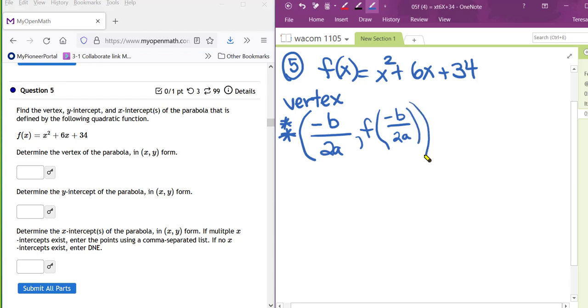All right, so to get our vertex, it's going to be negative 6 over 2 times 1, which will be negative 6 over 2, which is a 3, negative 3. Then we have to do f of that, so we're going to plug negative 3 in.